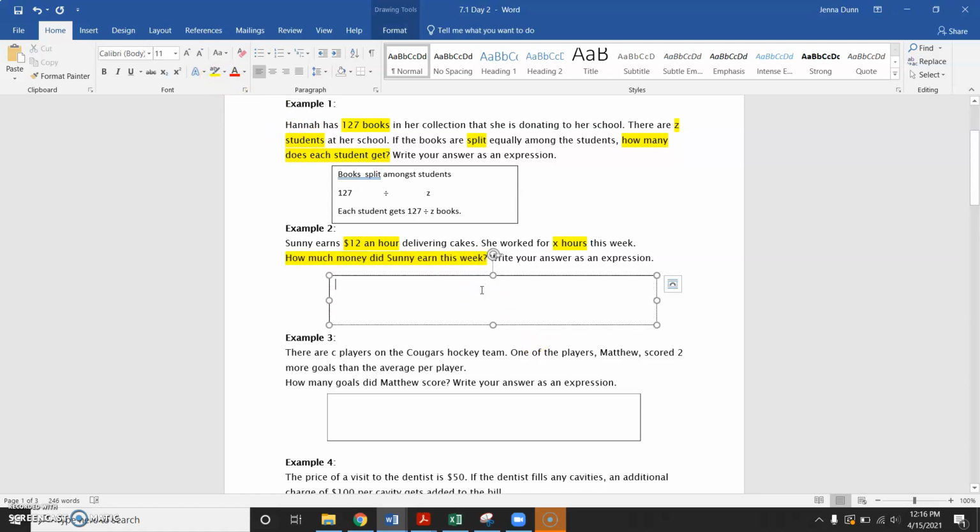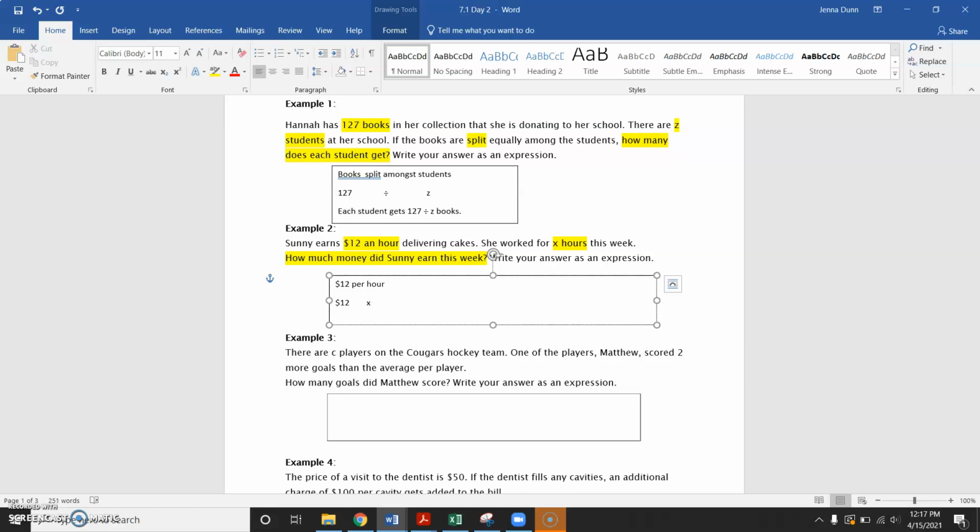All right, we're going to take the words and put them in our text box. So $12 per hour, or an hour, or each hour. Okay, that's important. We know Sunny gets $12 an hour.